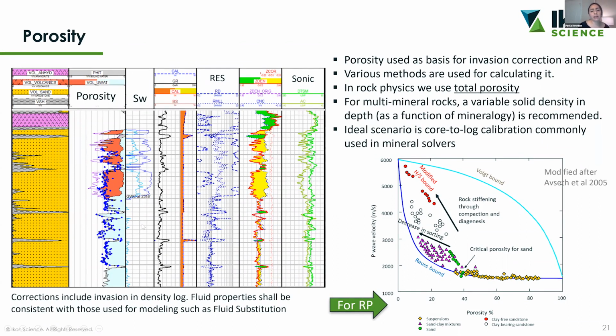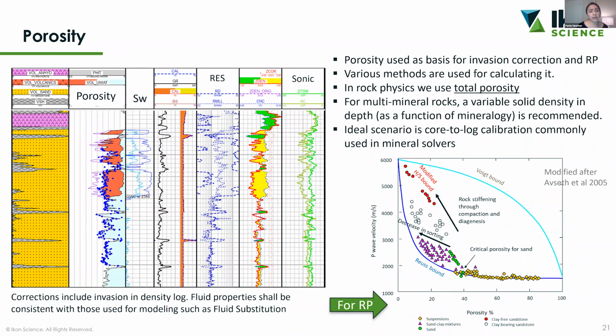So when you have a hydrocarbon facies or hydrocarbon charged reservoir, a correction for that is recommended. And fluid properties also need to be consistent with those that will be used in the modeling themselves, let's say fluid substitution. So various methods could be used for the porosity itself.